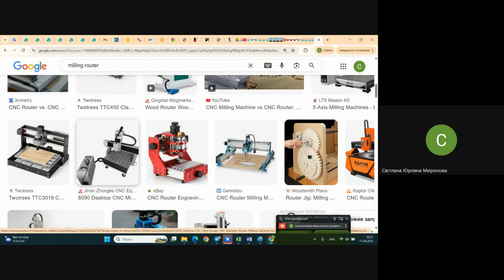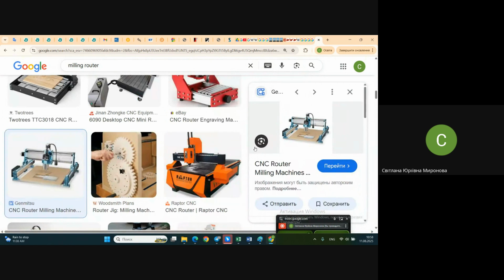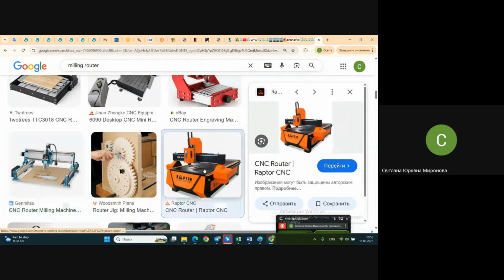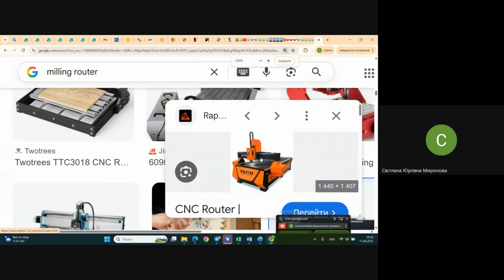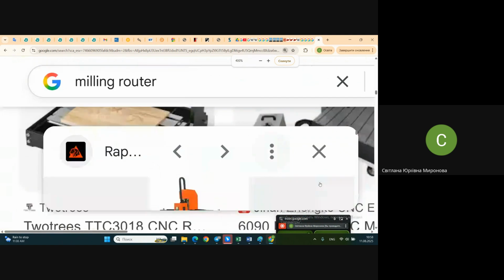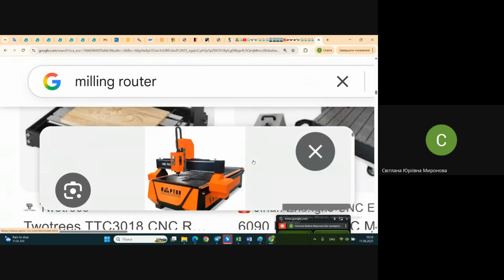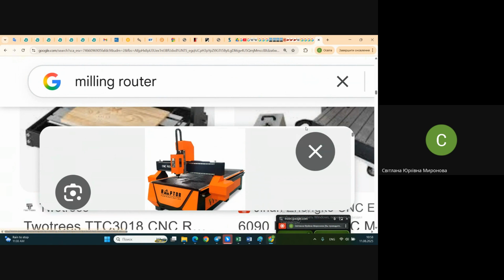Milling router, let it be this one, for instance. It's little, not visible. A milling router has a table, and this table is immovable, but over the table moves a so-called gate, and on this gate, on this transversal beam, moves the spindle of the machine.